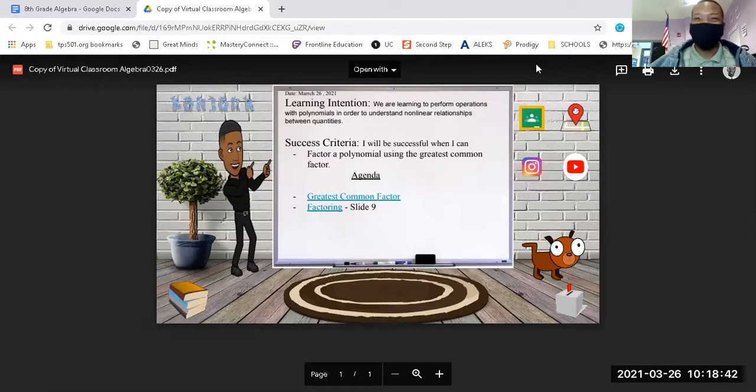Our success criteria states that I will be successful when I can factor a polynomial using the greatest common factor. We talked about greatest common factor when we were in elementary school. You probably did it in kindergarten, first grade or second grade, but my point is it's some easy stuff, okay? So to continue, I'm going to go ahead and share my screen right here.